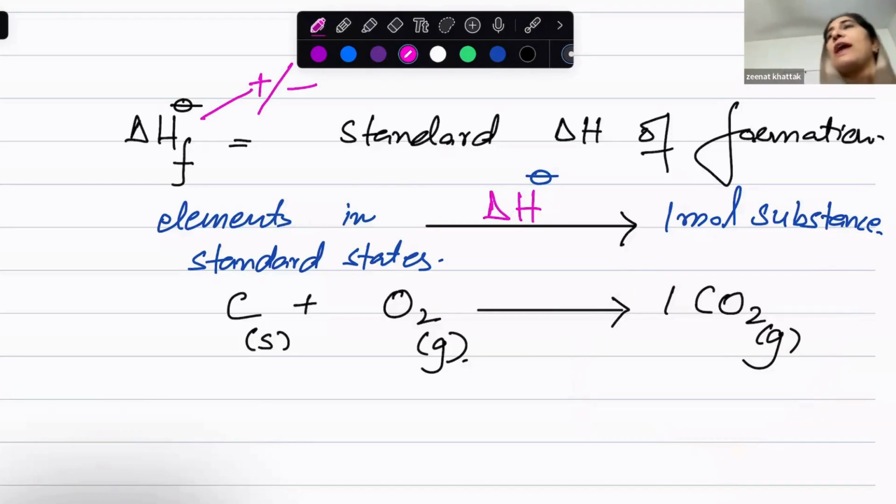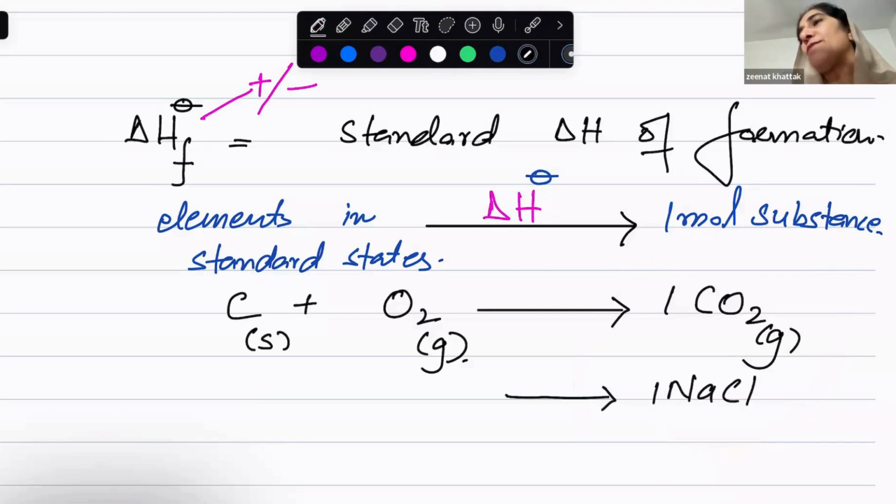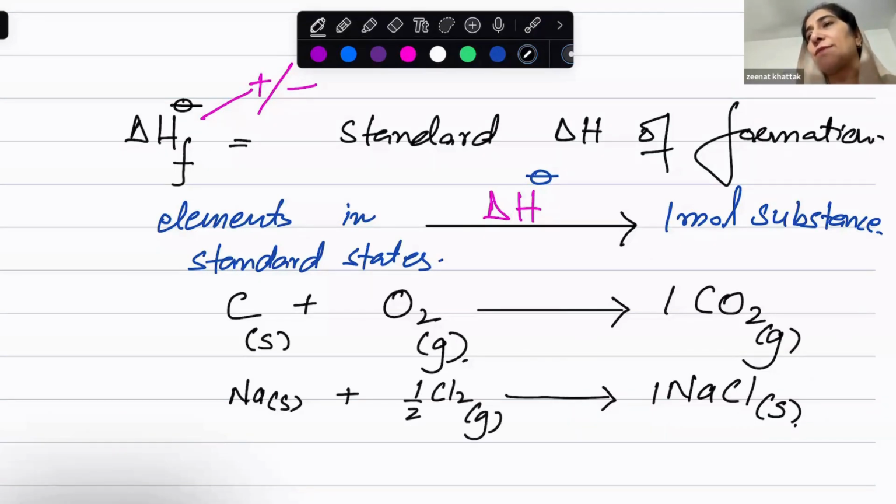Enthalpy change of formation of 1 mole of sodium chloride from its elements. What are the elements of sodium chloride? Sodium solid, it is a metal, and chlorine is what? Gas.